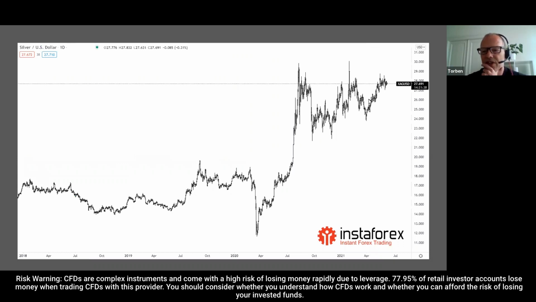So this is a normal chart you would look at for silver. When I'm going to find cycles in something like this, I always go for the most extremes. When you find cycles, you're always going to find bottoms.